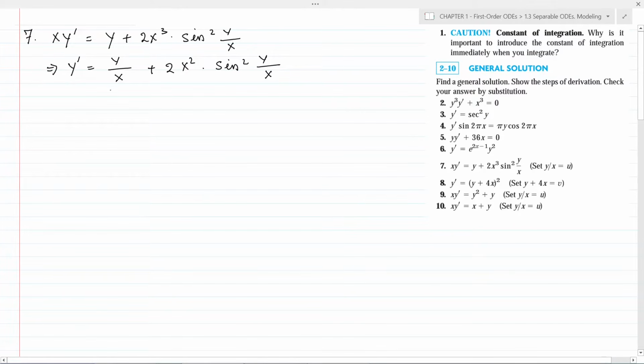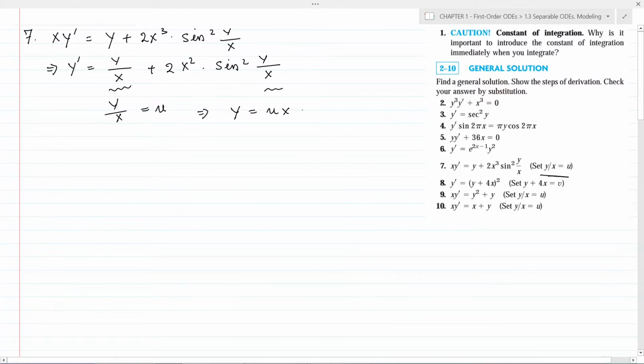Now we see that on the right hand side there are two y by x terms. So as given in the question, we are going to substitute y by x is equal to u. So we write y by x is equal to u. That means y is equal to ux.